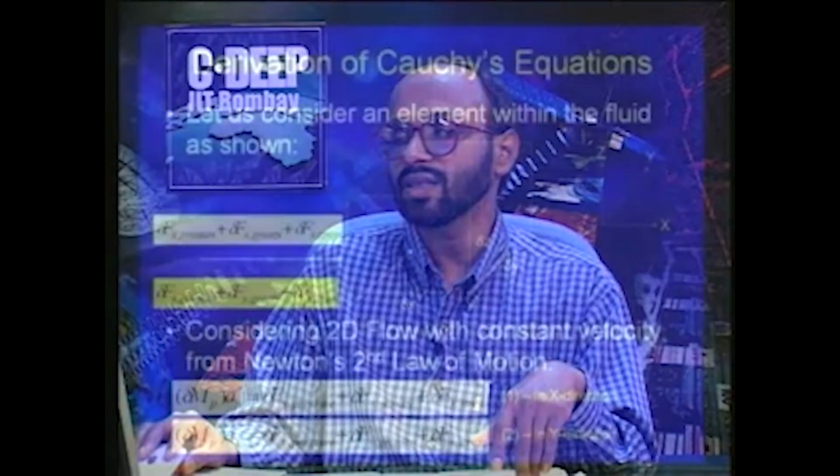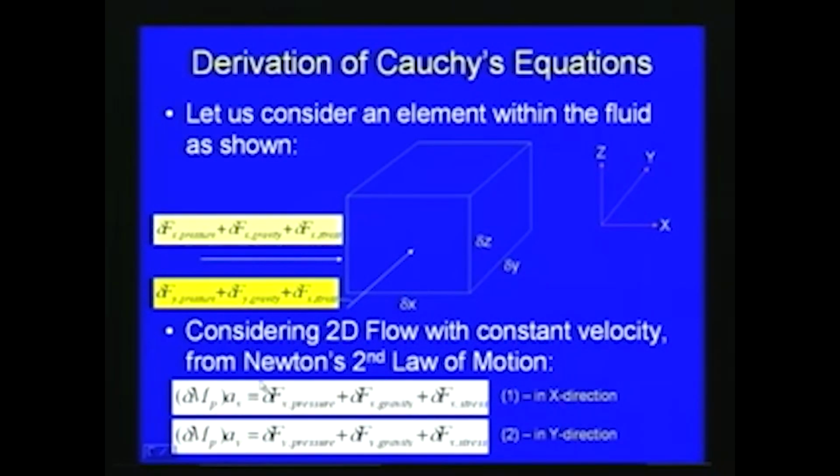This is written in equation number 1. Similarly in y direction we can write delta m b into ay, acceleration in y direction, equal to delta Fy pressure plus delta Fy gravity plus delta Fy stress.